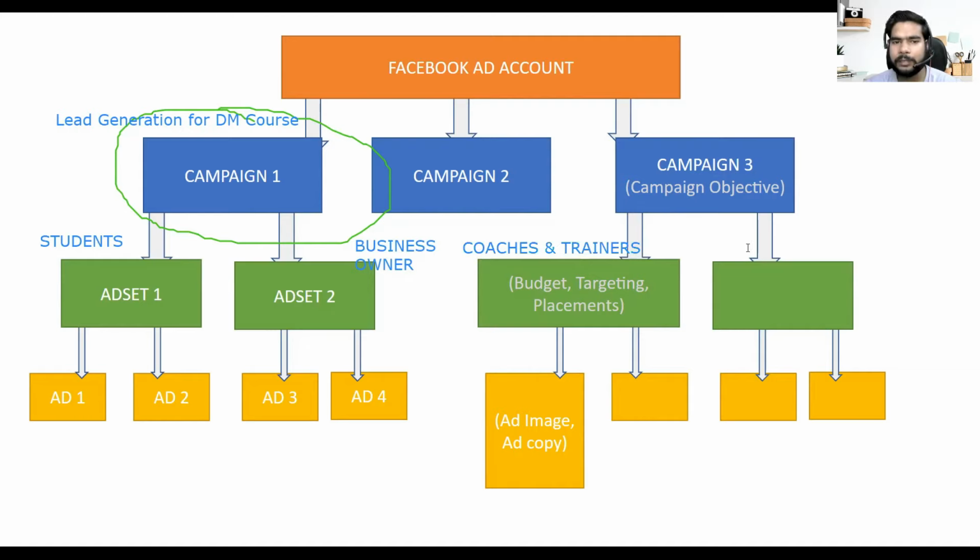So I'm creating different ad sets, and inside each ad set my theme will be focused on one group. For example, in ad 1 and ad 2, my messaging and my image will be focused on students. Hey students, do you want to advance in your career? Do you want to learn some extracurricular activity?